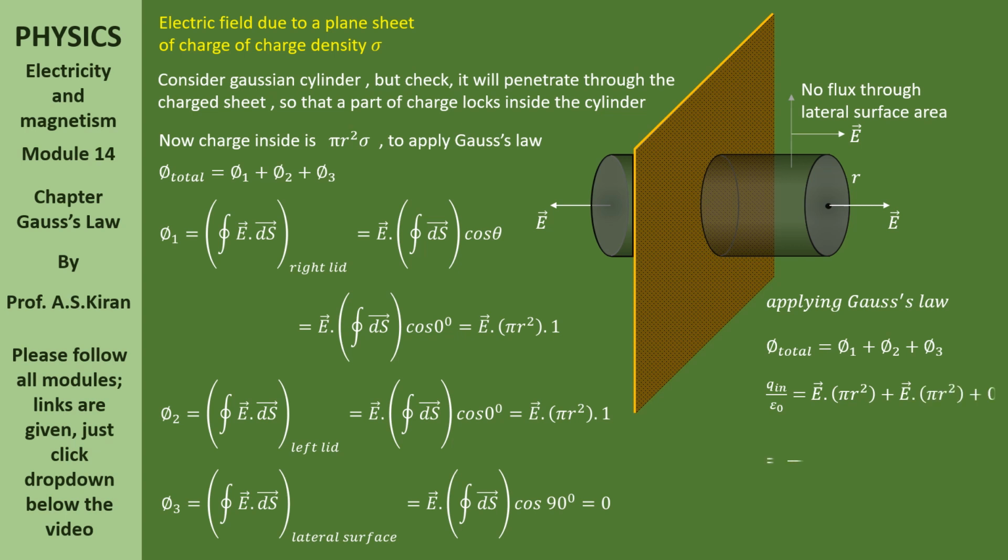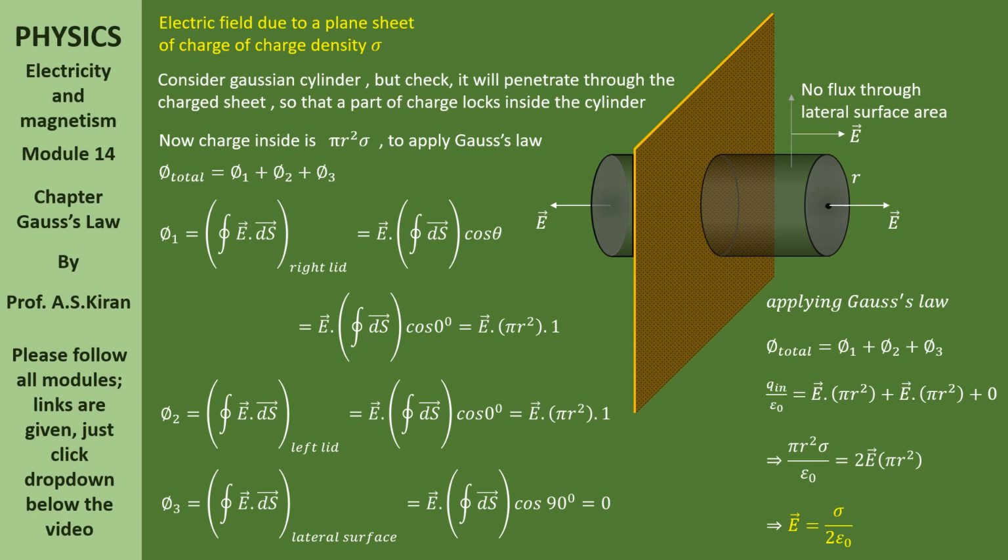Now, applying Gauss law. Flux total is equals to flux 1 through right lid, flux 2 through left lid, flux 3 through lateral surface area. So phi total is equals to phi 1 plus phi 2 plus phi 3. Now here, what is flux total? Q in by epsilon naught. What is Q in here? Already we considered some charge inside that Gaussian cylinder, pi r square sigma.